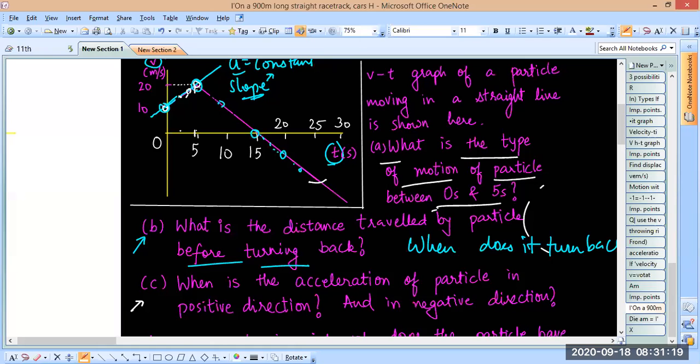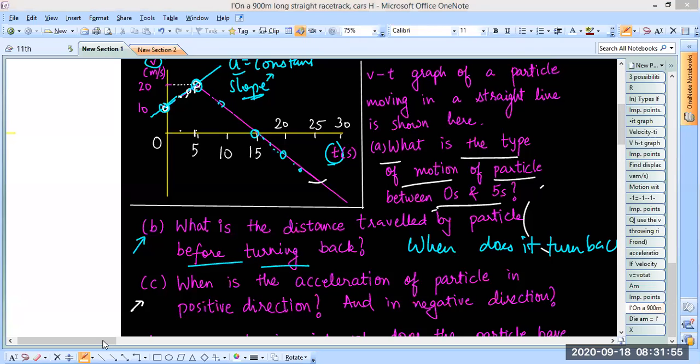Where is the acceleration positive? We're getting lots of right answers. We're getting some wrong answers also.